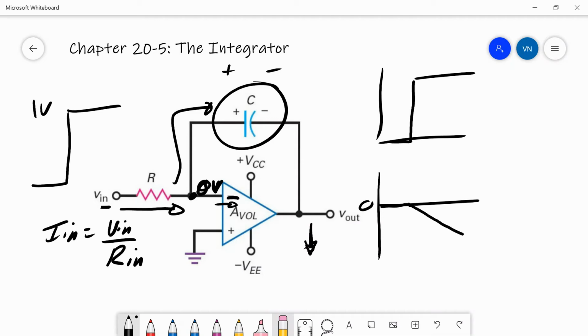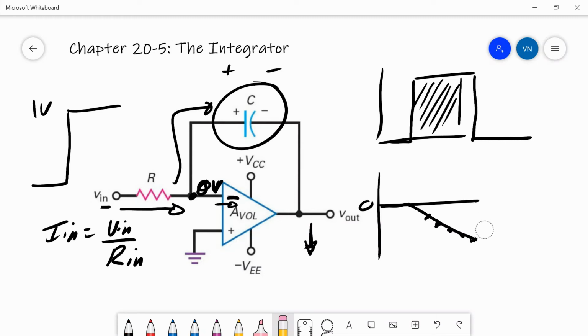It'll start falling at a constant rate. And that rate is determined by how much current you're putting into the capacitor, how much charge you're accumulating on it, and this causes the voltage across the capacitor to change. And if we drop back down to 0 at some point, then we're no longer putting charge into the capacitor, so it will freeze its charge value at that value.